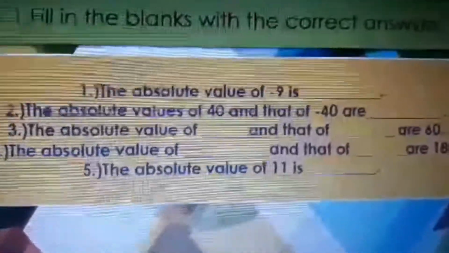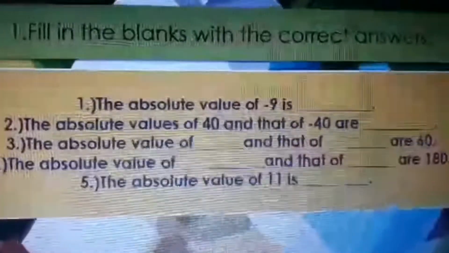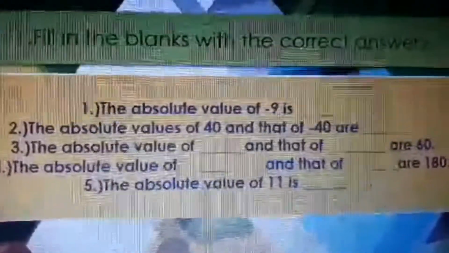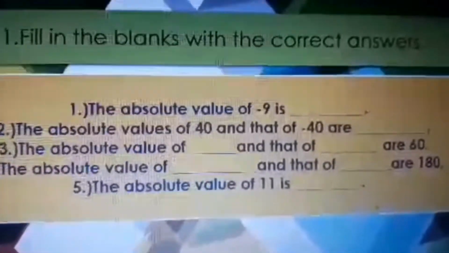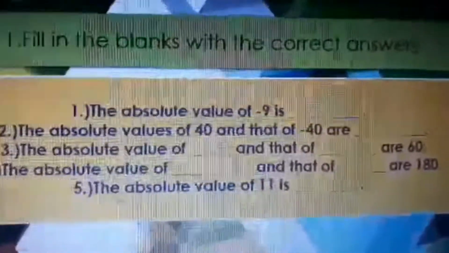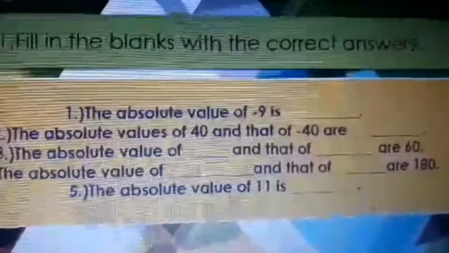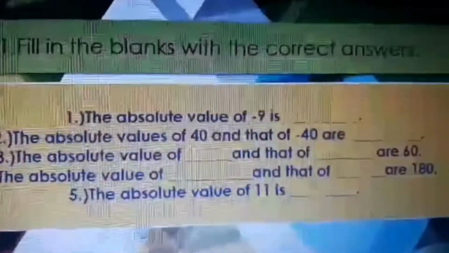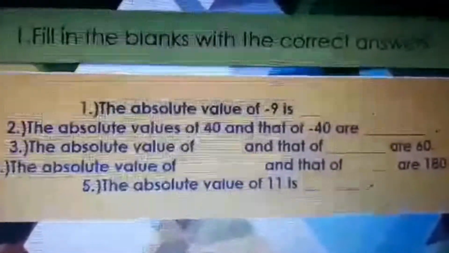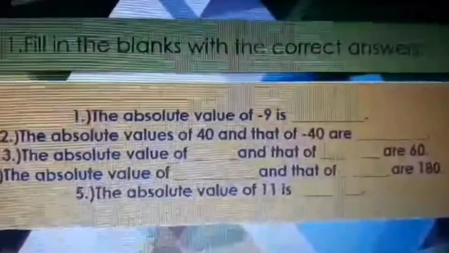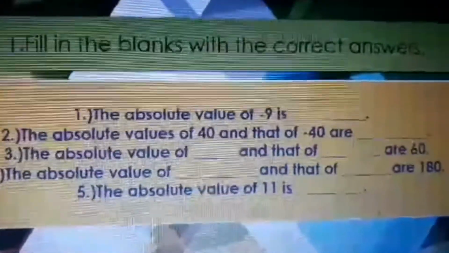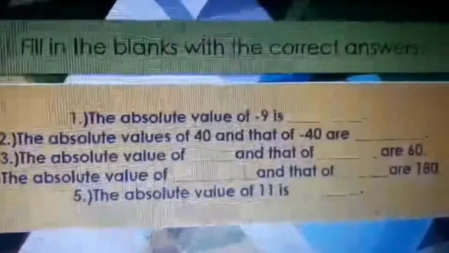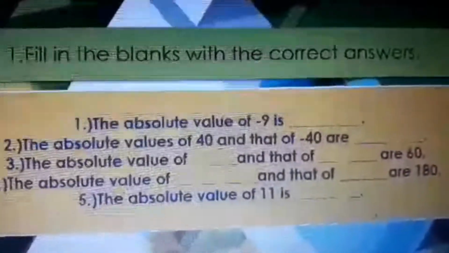Number 2, the absolute value of 40 and that of negative 40 are blank. Number 3, the absolute value of blank and that of blank are 60. Number 4, the absolute value of blank and that of blank are 180. In number 5, the absolute value of 11 is blank.